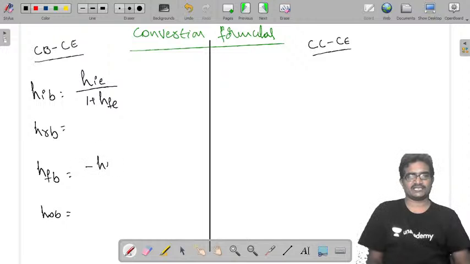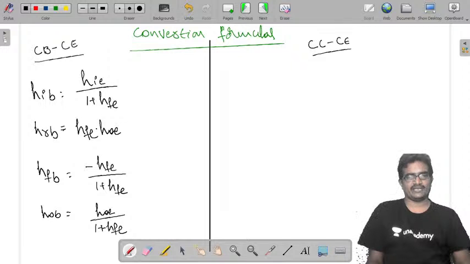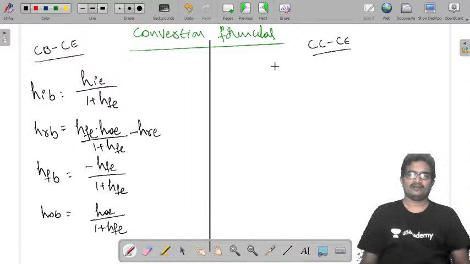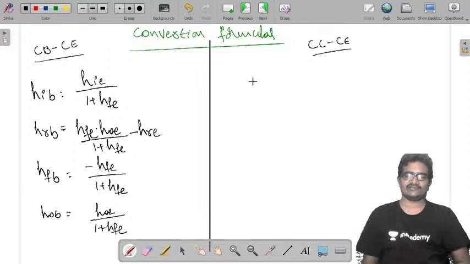HFB is minus HFE by 1 plus HFE. HOB is HOE by 1 plus HFE. Simple. But for HRB it is HFE into HOE by 1 plus HFE minus HRE. Simple.